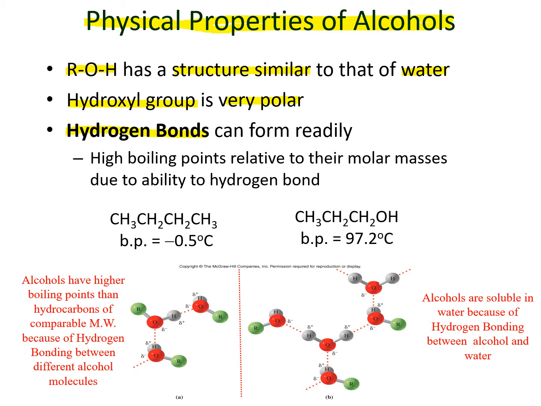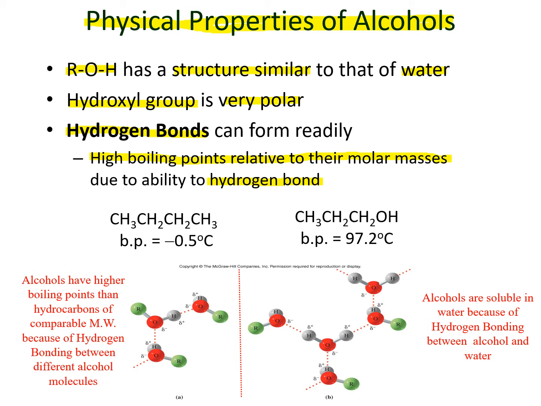An important thing to remember is that alcohols have high boiling points relative to their molar masses, and this is mainly due to the hydrogen bonds that these alcohols can make.